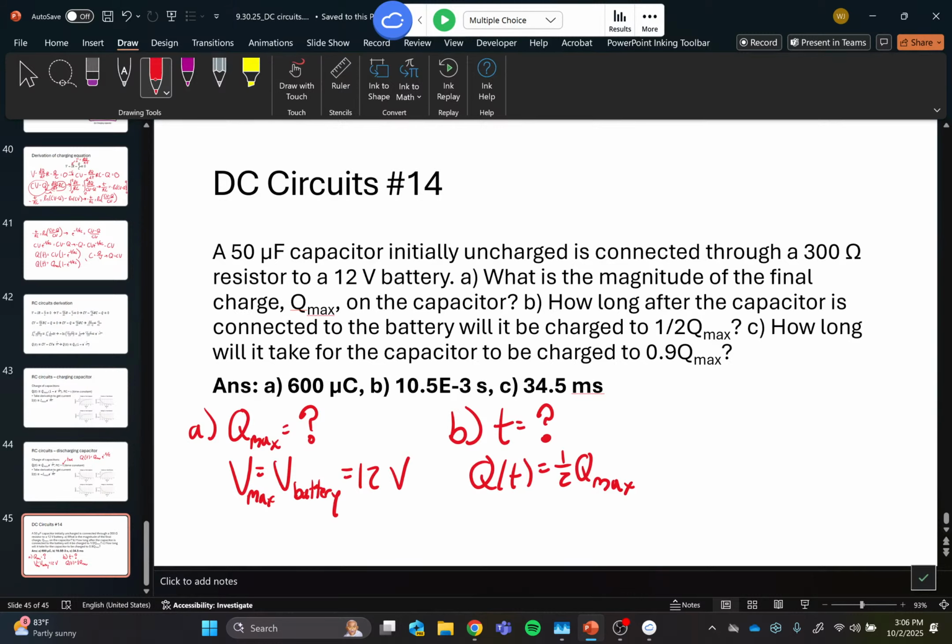It's the half. Look at chemistry. You all did half-life. It's just like that. The equation is a tiny bit different, but it's the same thing. Turns out you don't even need to know Q max. Plug it in and you'll see that you actually don't need Q max to solve this problem. Just like when you do half-life, you don't need to know your population to solve for the time for it to happen.